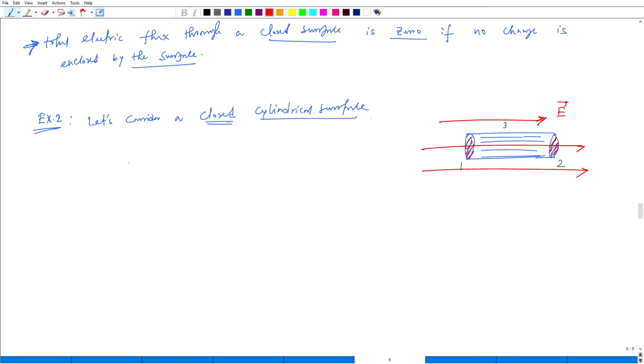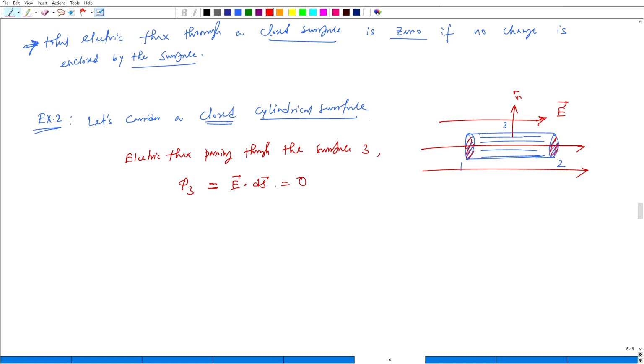It is easy to understand: the electric flux passing through surface 3, phi 3, the area vector n cap in that surface is perpendicular to the electric field. Therefore cos 90 becomes 0, giving E dot ds vector equal to 0.